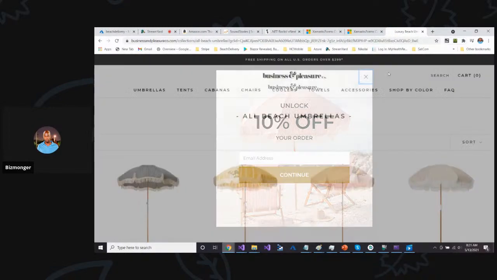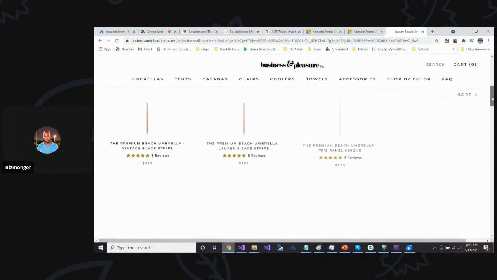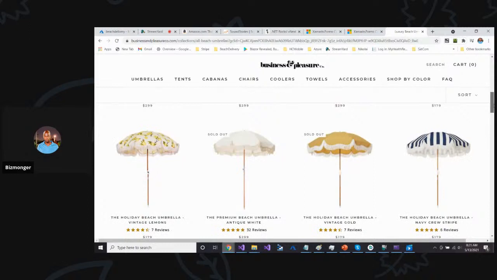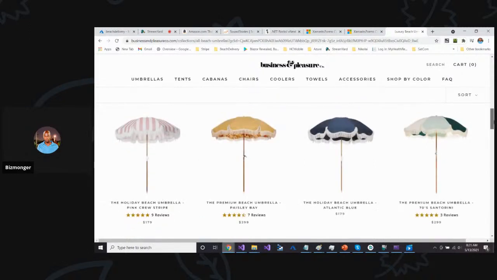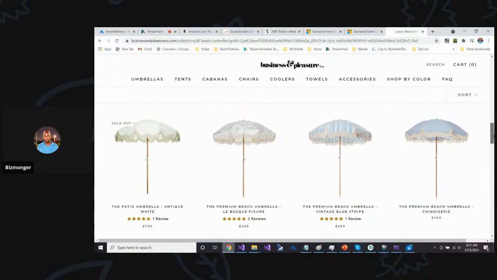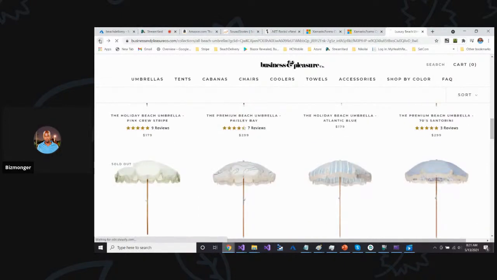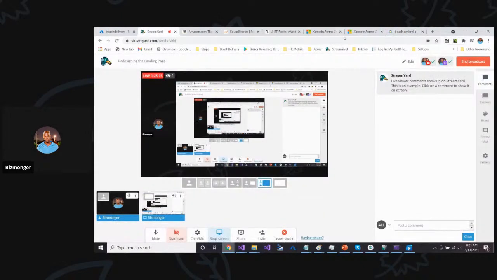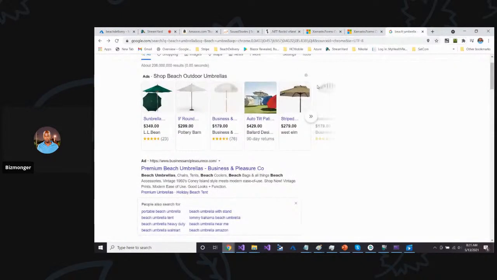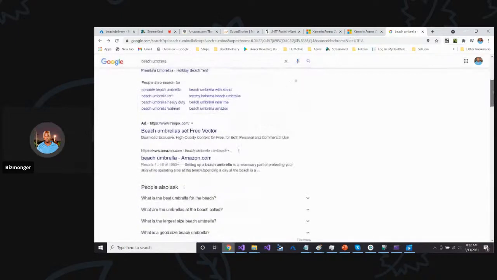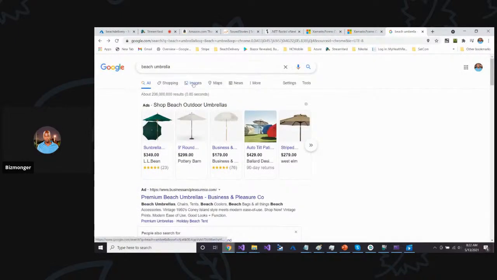Okay, that stuff is gay. Is it? I mean, they don't look like they cover. I didn't know umbrellas were that expensive. Holy crap. I did not know they were that expensive.